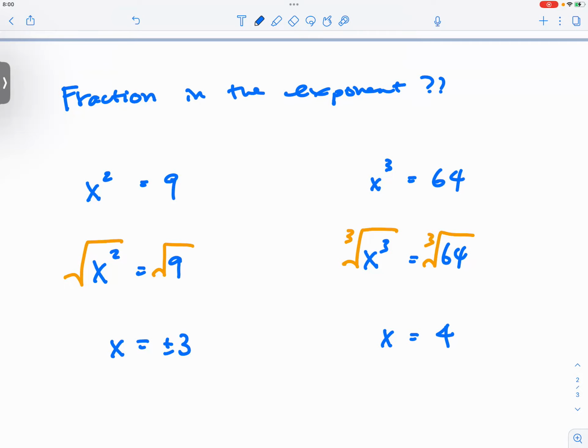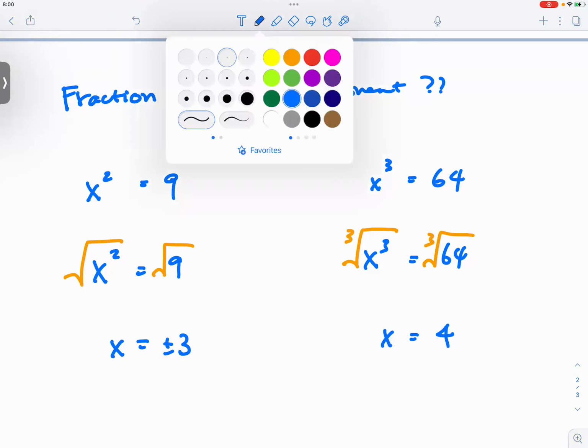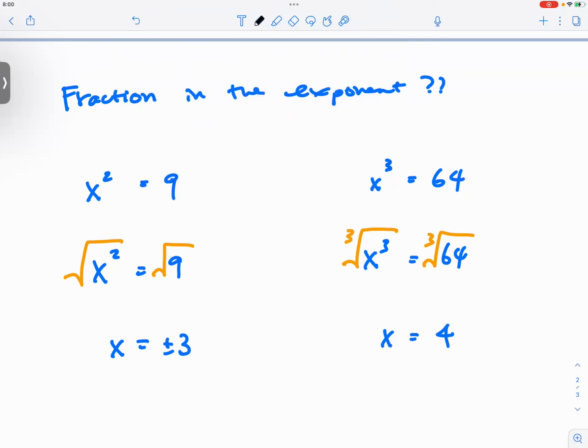Okay. Now, this is where I need your total, undivided attention. Please take a look. I want to highlight something: what is the exponent right here at the end?